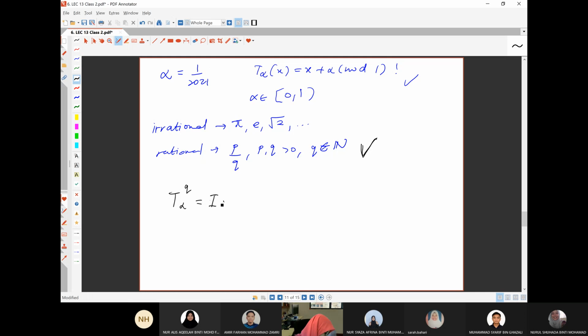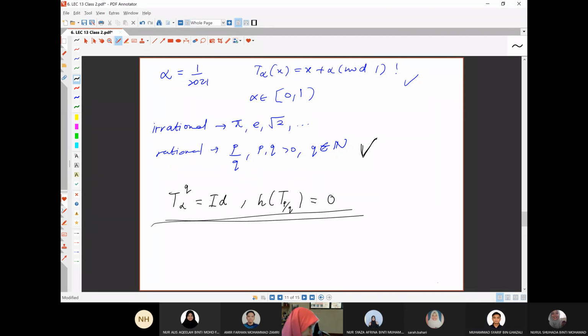That means for any Q iterations, your transformation T here is identity, and your entropy equals 0. This is the conclusion.